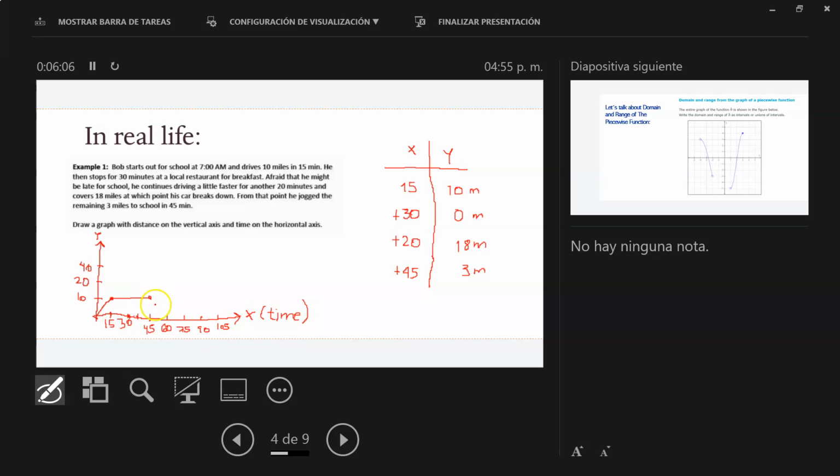Then he spent 20 more minutes, so from 45 to 65, and he did 18 miles, so almost 40 here.